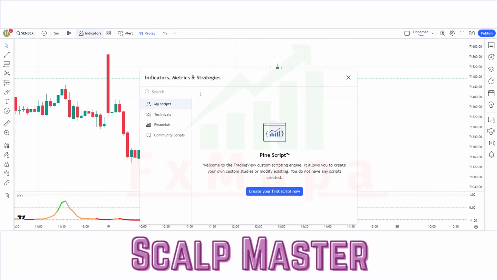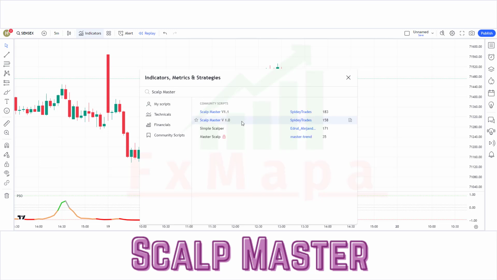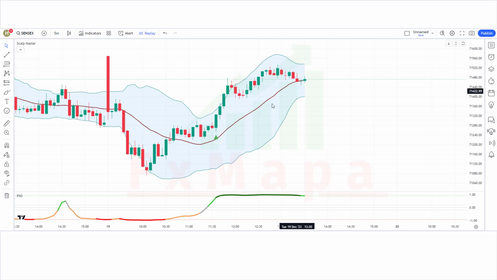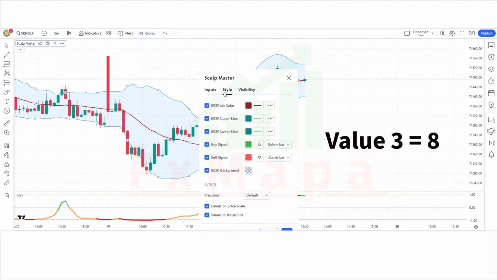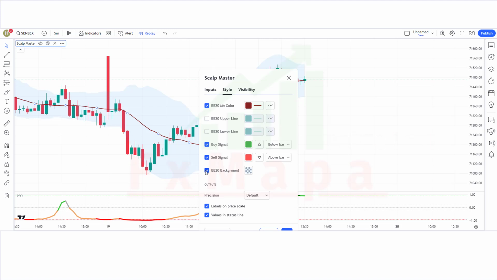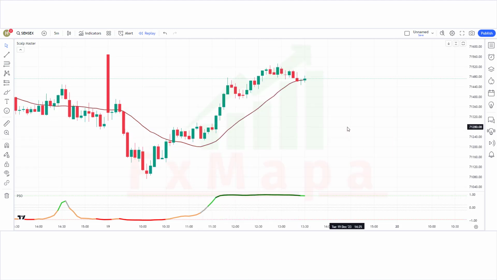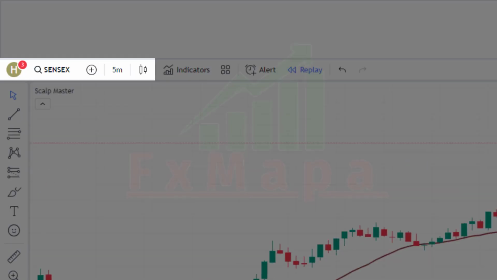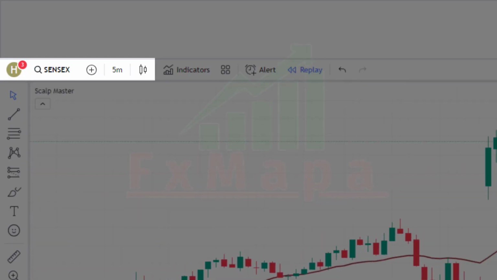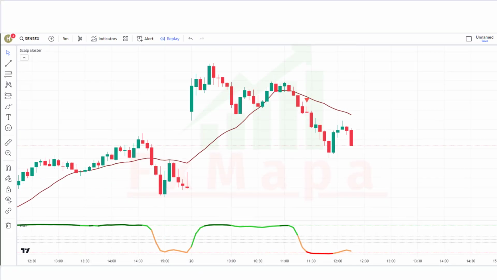Second indicator name is Scalp Master. Keep the indicator settings as I have shown here. Setup is ready. We are going to test this strategy on the 5 minutes time frame in the Sensex chart.